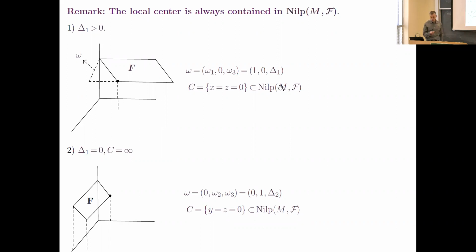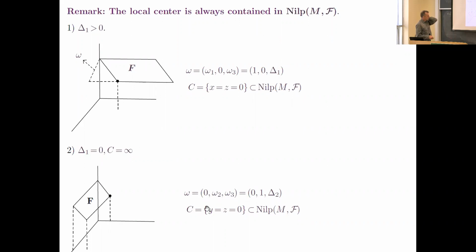So the second configuration, which corresponds to the other axis, which should be taken as the center of blowing up, is this one, which is delta 1 equals 0 and C equals infinity. Okay. So in this case, the corresponding weight is given by this, by definition.